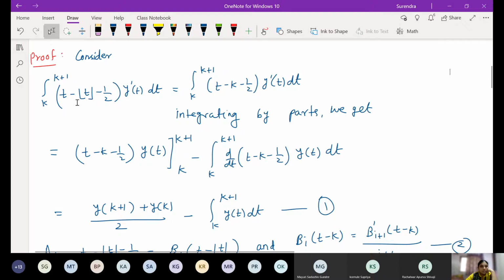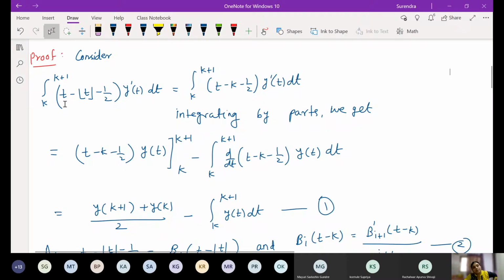So what is t minus floor function of t, when my t runs from k to k plus 1?